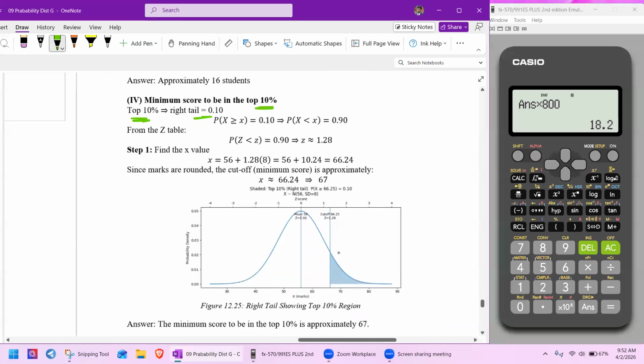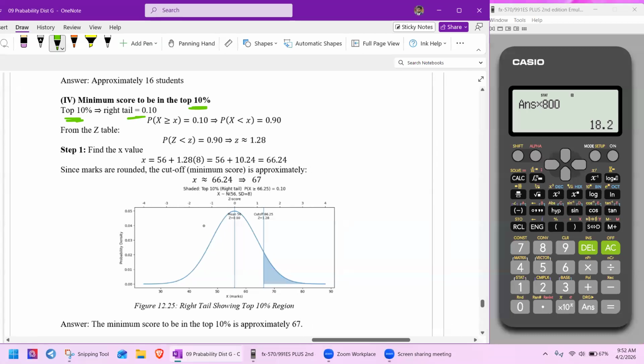Right here we know that this is 0.5, the right side 0.5. We want the top, so we want to find the z. The top 10% on the right side, so this should be 0.4, because 90% is below this point.